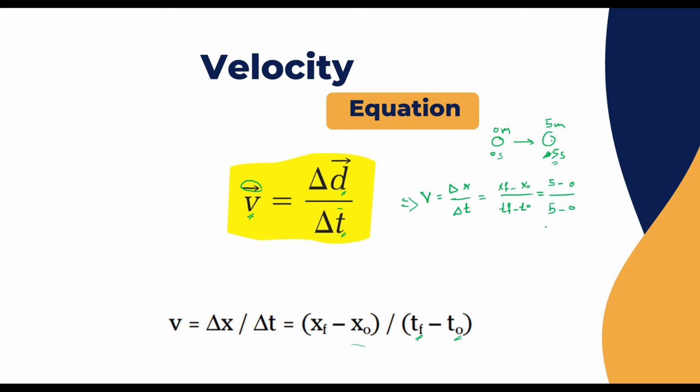That was 0. That would give you 5 over 5, or 5 divided by 5, which gives you 1, and the units are meters divided by seconds, distance over time. So meters over second, or you say meters per second.